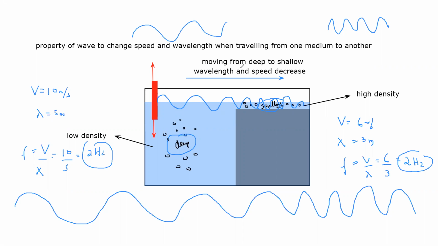That's why the frequency remains unchanged. Is this part clear? Moving from deep to shallow, the speed decreases, the wavelength decreases, but the frequency remains unchanged.